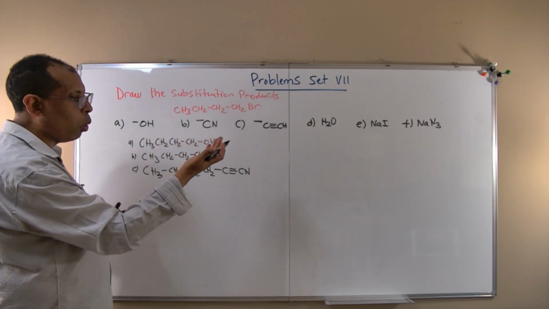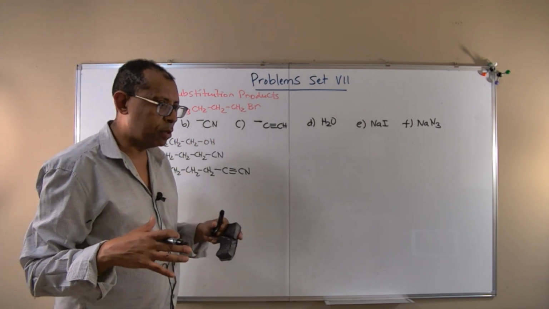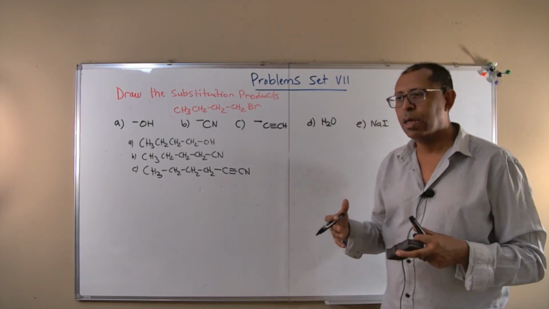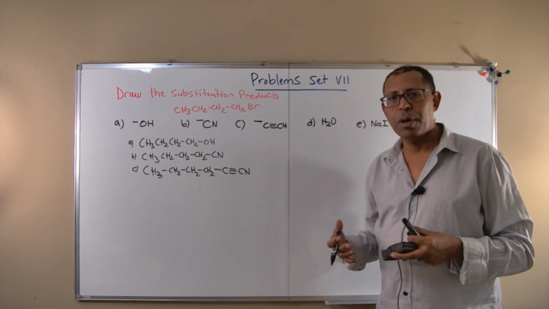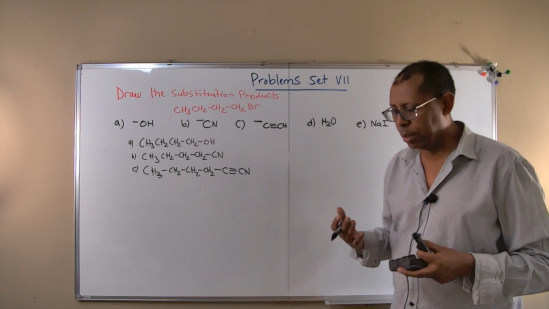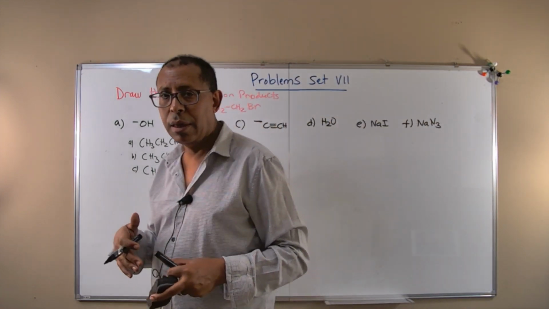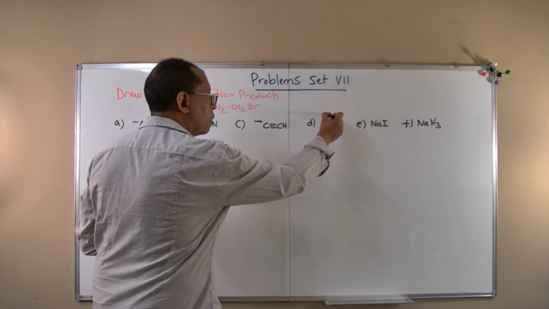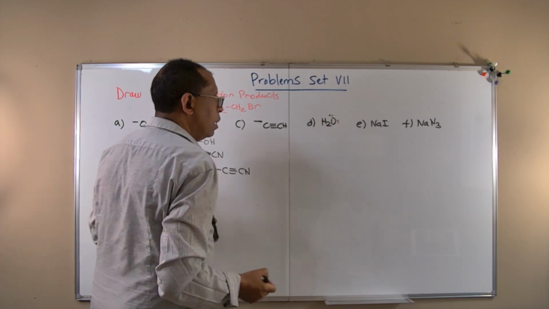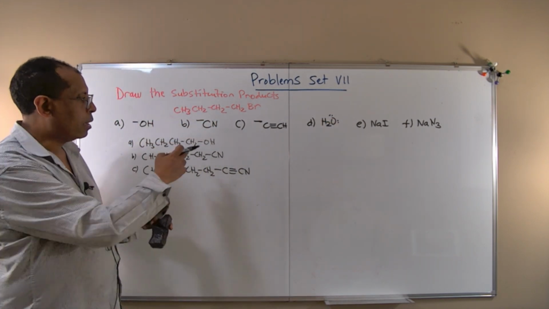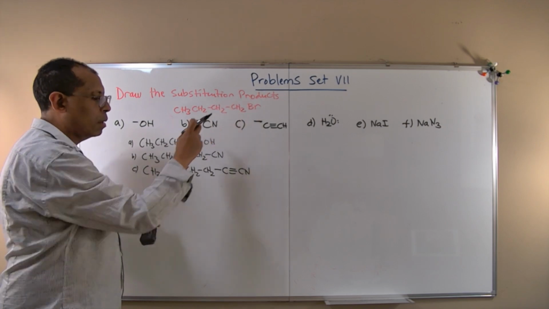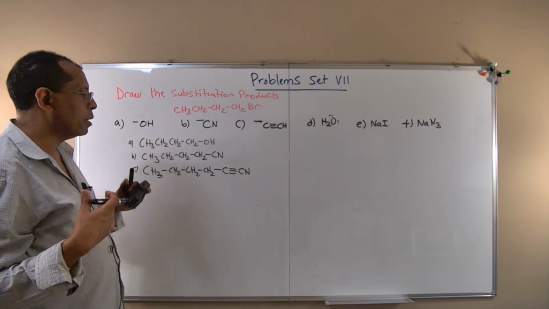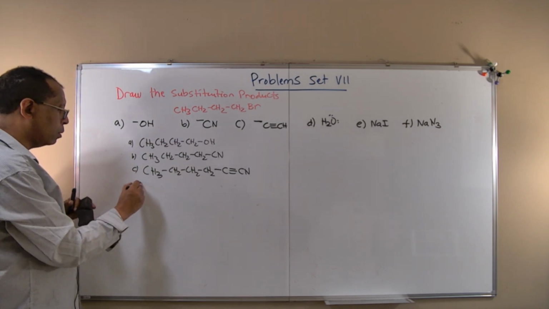For D, it's water. Even though it's a very weak base, because it has a lone pair of electrons, sometimes it acts as a nucleophile, even though it's a very weak nucleophile. So the pair of electrons on oxygen, which are available for attack on that carbon right there, could, by heating and all that, generate a substituted product.